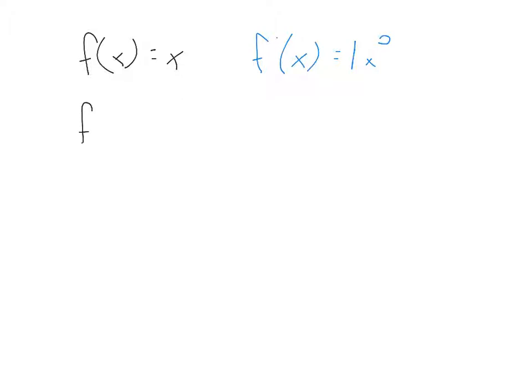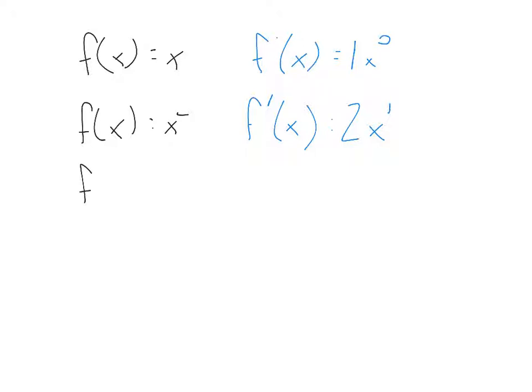When my f of x was equal to x squared, the derivative was 2x, or rather 2x to the first. x to the first is the same as just x.